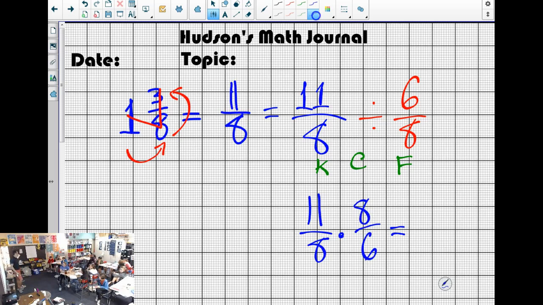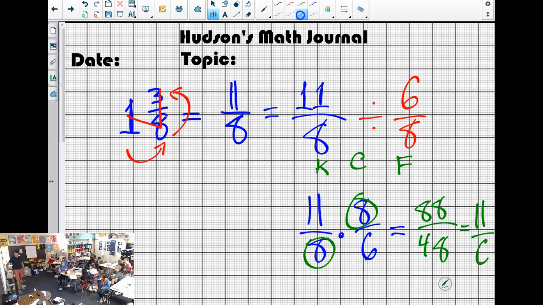Now, this just works out really well since I had common denominators up here. An 8 on bottom and an 8 on top will cancel each other out. Sorry, they will reduce out to 1. I don't want you guys to think they turn into 0. They reduce to 1. Because if I write this out, it's 88 over, what's 8 times 6? 48. And then I can reduce this down, and it becomes 11/6.